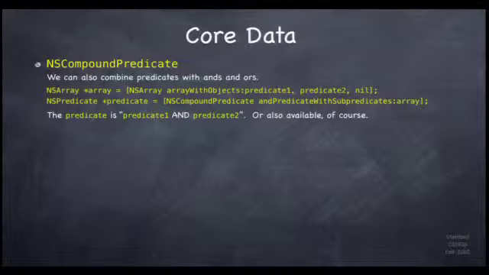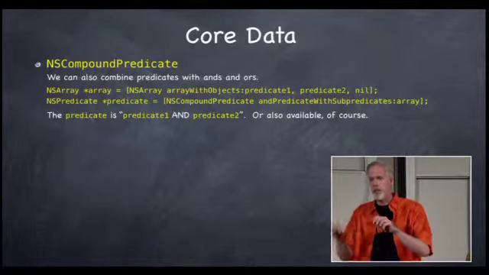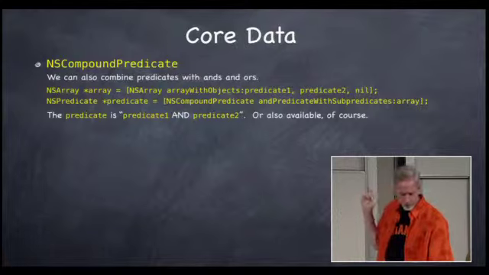In this case, it's an and predicate, and that would make it so that it's querying into the database, and predicate 1 and predicate 2 would both have to be true to match and return an object. Does that make sense? So there's and or. Because some people get confused here because they're thinking they want to put the ands and ors inside the predicate format strings, but this is a good way to do it.